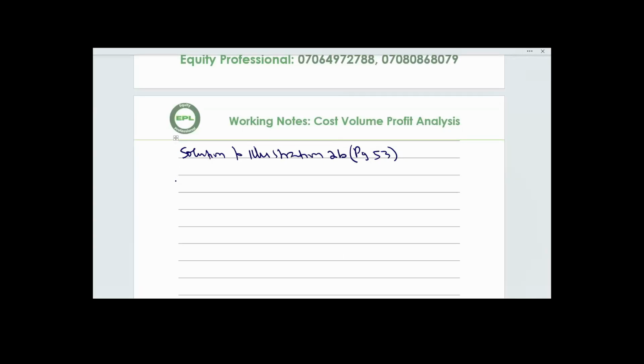Like I told you, examiner is asking us to calculate break-even points in units. That's the main requirement of requirement number B1.